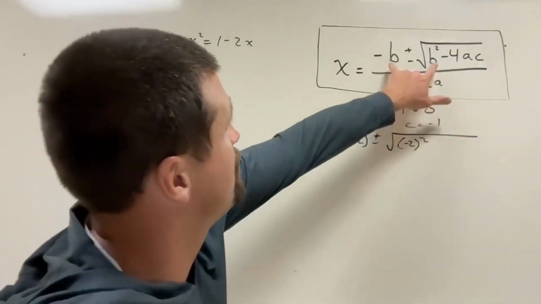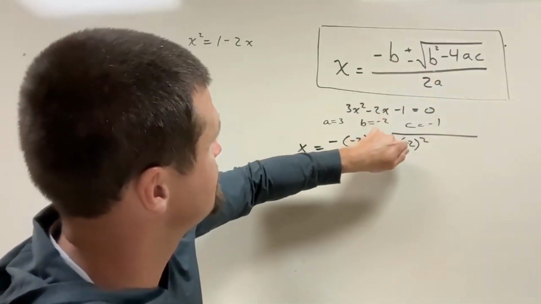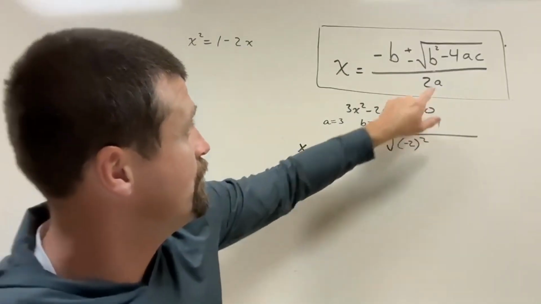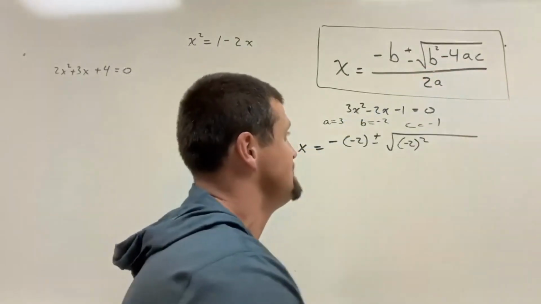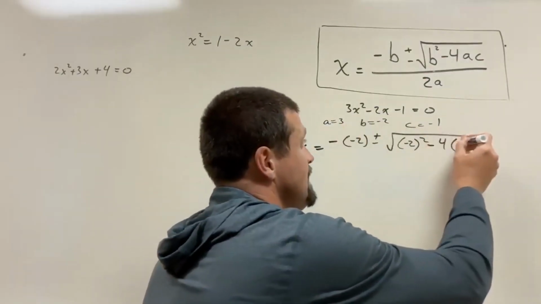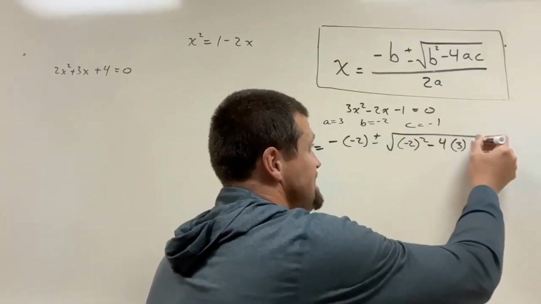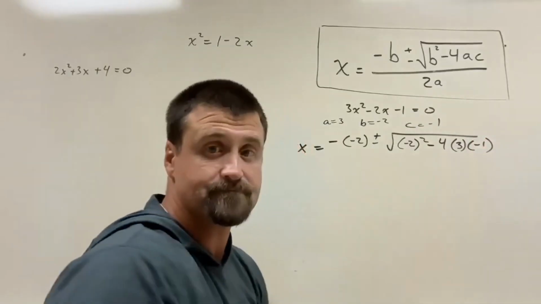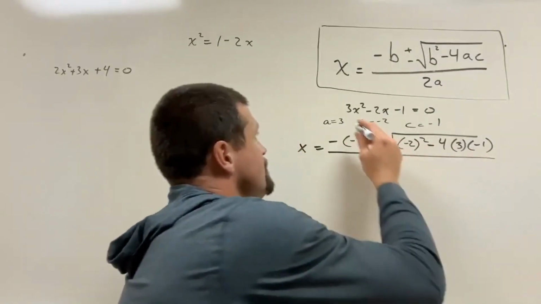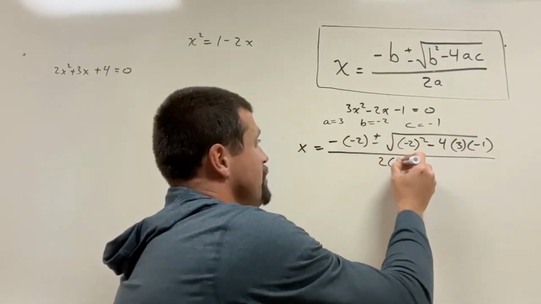So you see how both of those are b's? So my b is equal to -2, so I replaced both of those with -2. Now I'm at 4 minus ac. So minus 4, my a is 3, and my c is -1. And this is all over 2a. So that's 2 times 3.